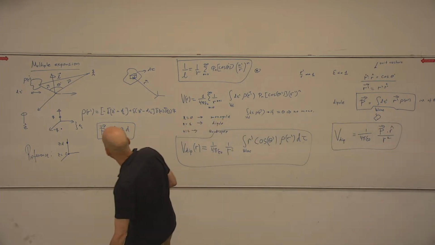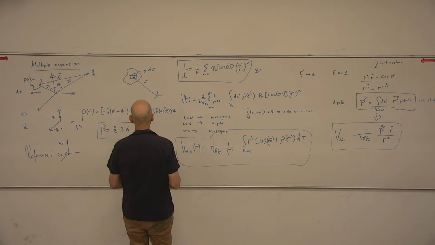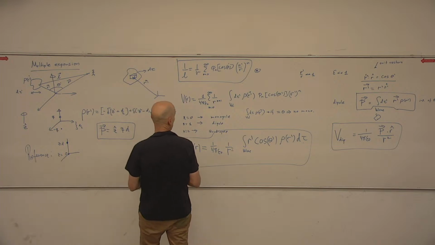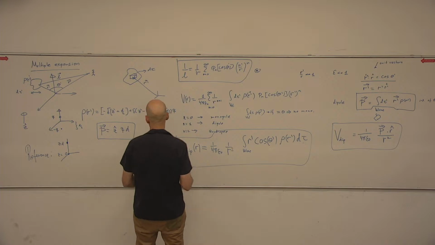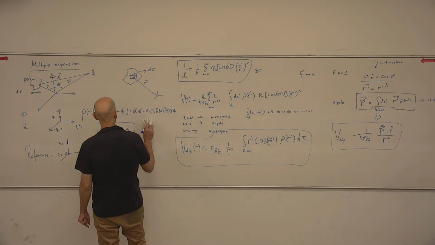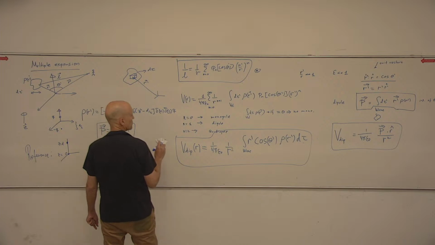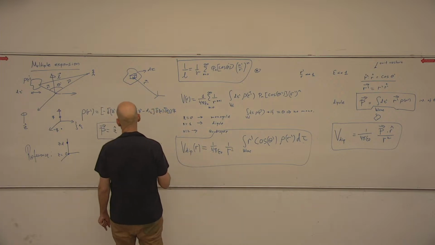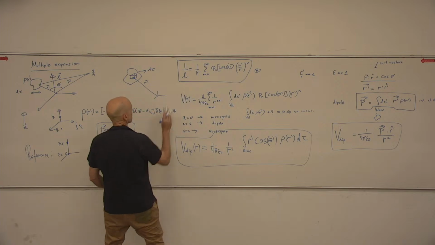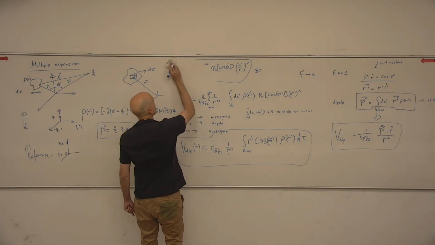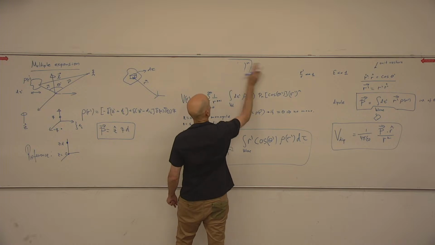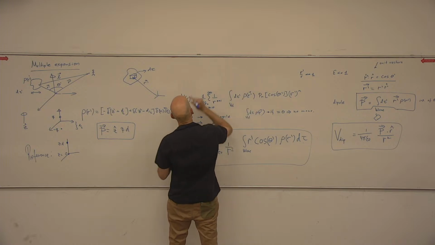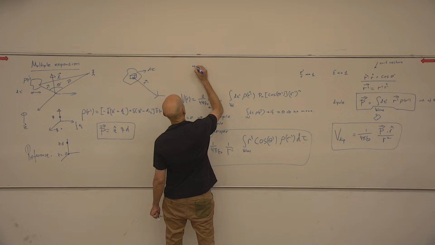Let us say that we have something like this: two systems, two references, but now I have plus 2q.